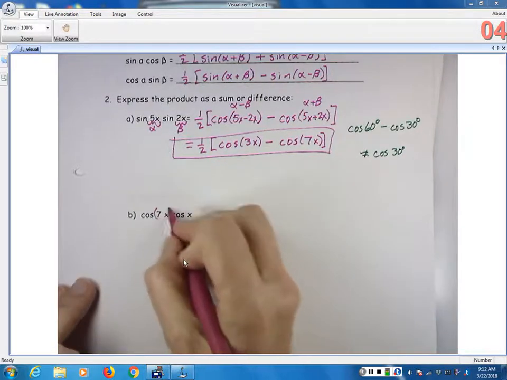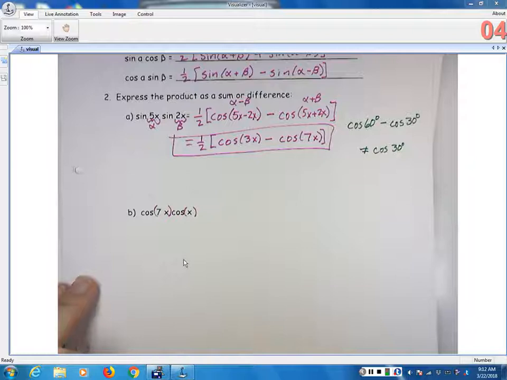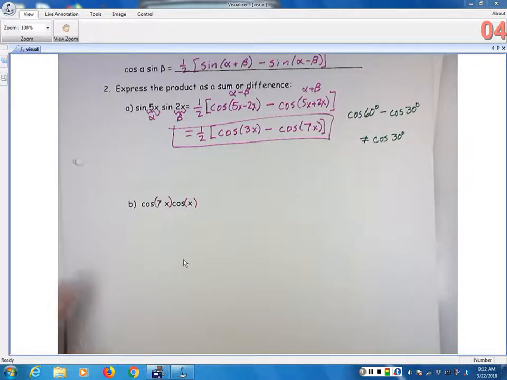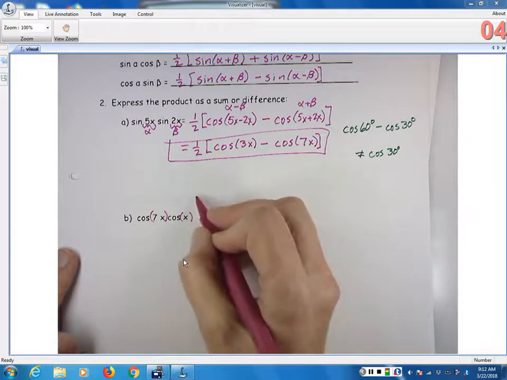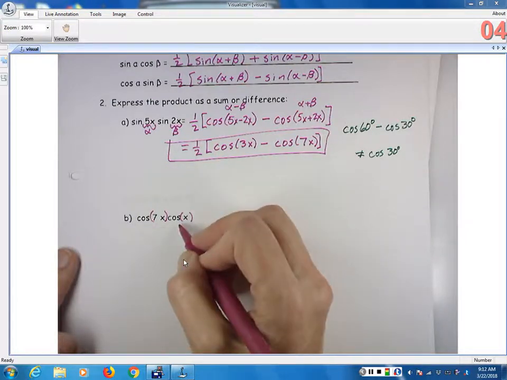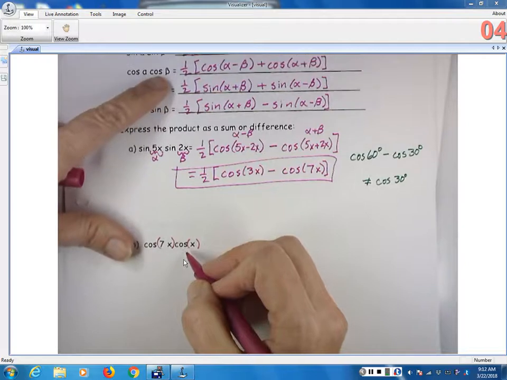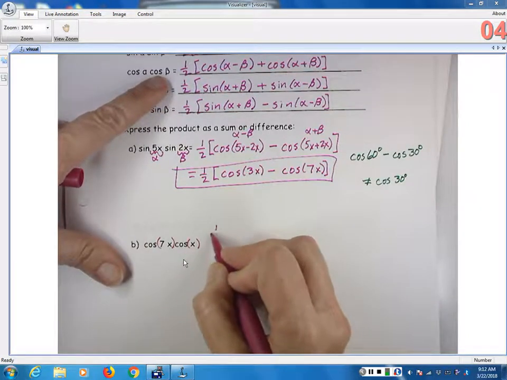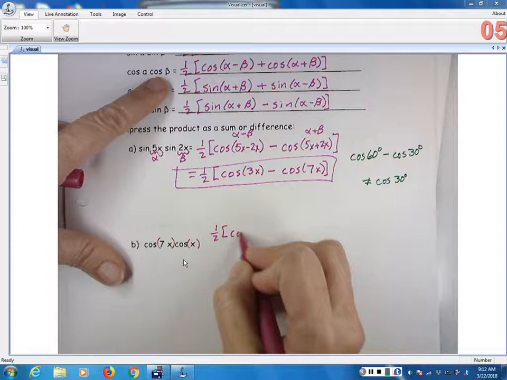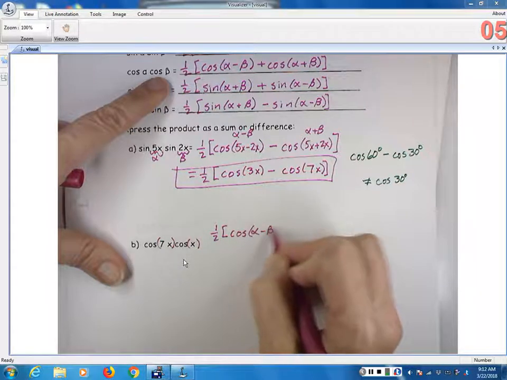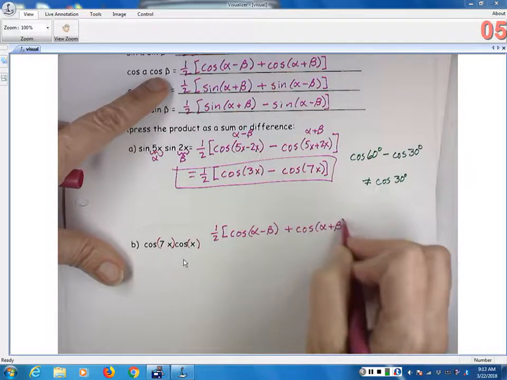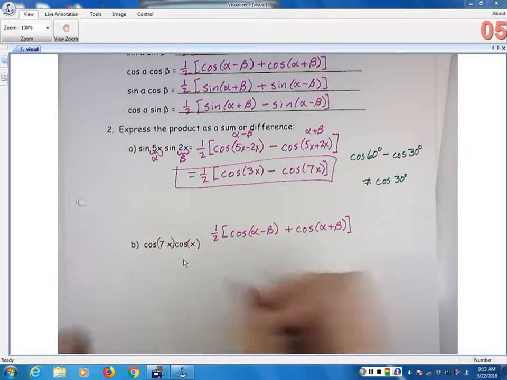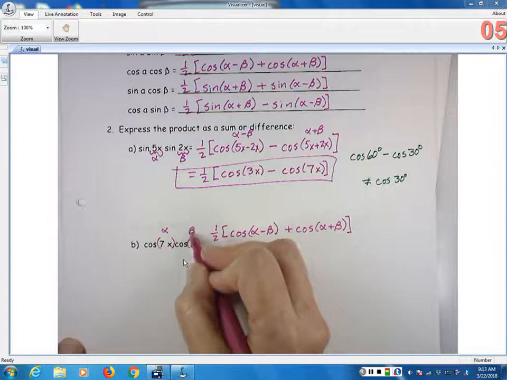All right. The next one. This is all inside the cosine. I like to put parentheses sometimes here. Same thing, except now we're going to use the cosine formula. So I'm going to write the formula right here. It's cosine times cosine: 1/2 cosine alpha minus beta plus cosine alpha plus beta. So our alpha is 7x, our beta is x.